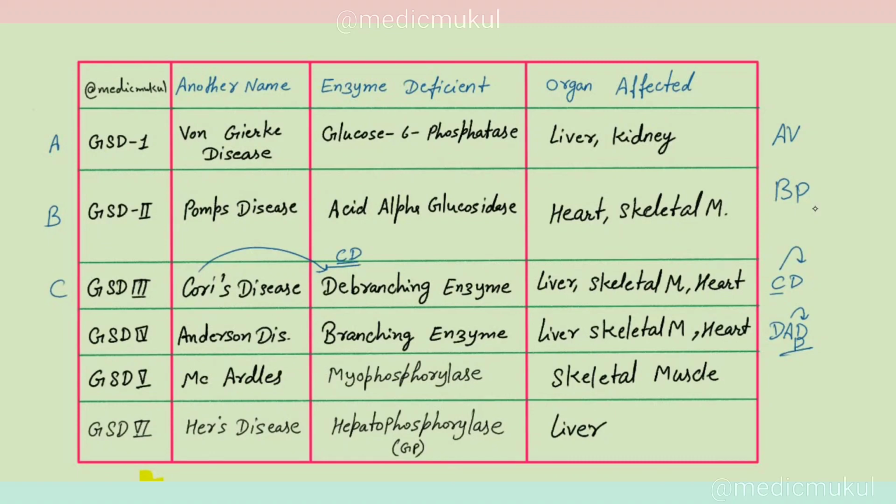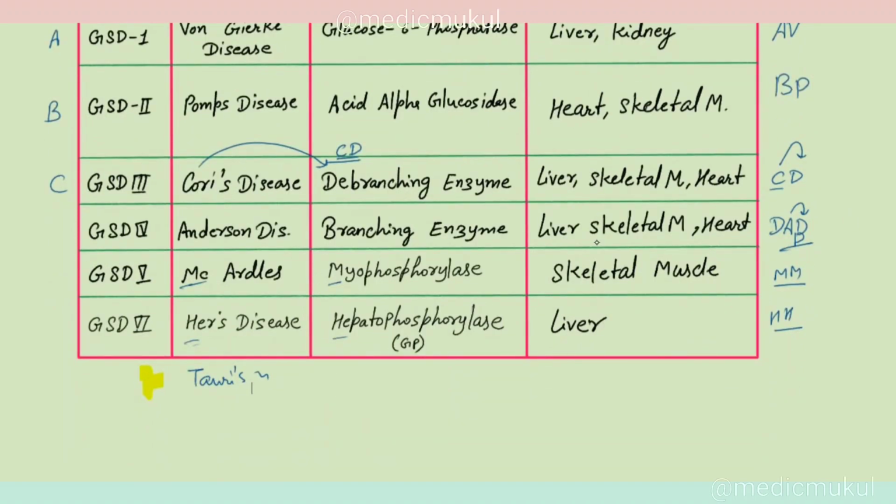McArdle's, MACD, myo for muscles, glycogen phosphorylase. Then MMHH, so remember MMHH, 4, 5, 6. And one more, there is Tarui disease. Remember Tarui disease, which enzyme? Phosphofructokinase enzyme deficiency.